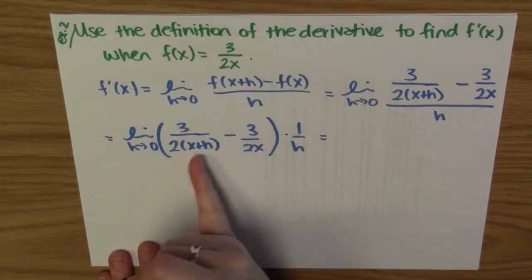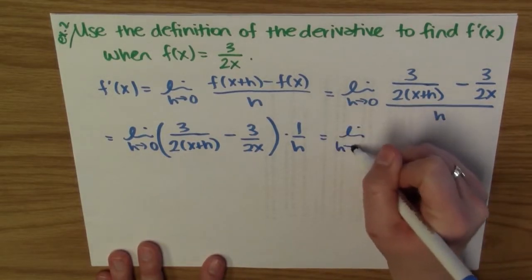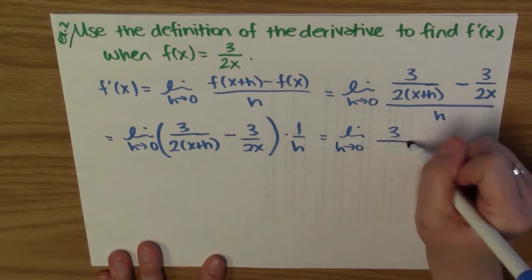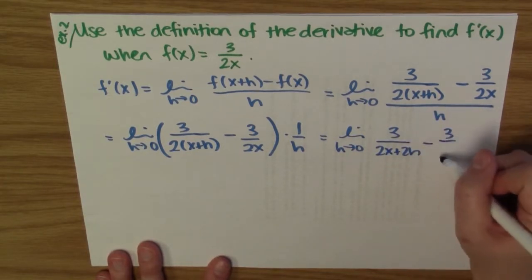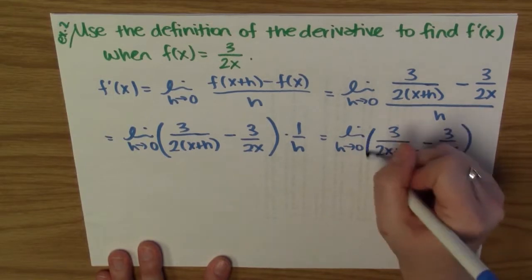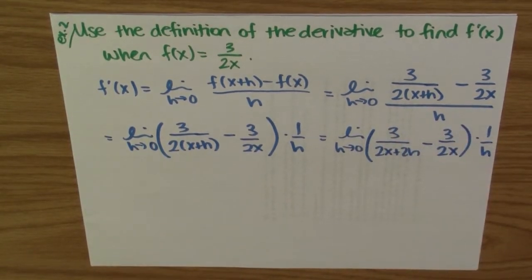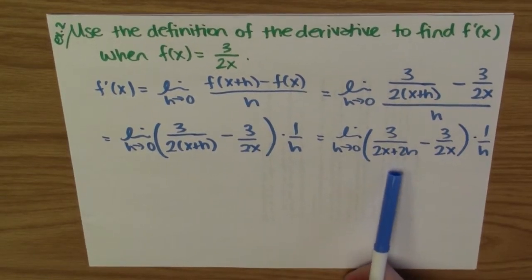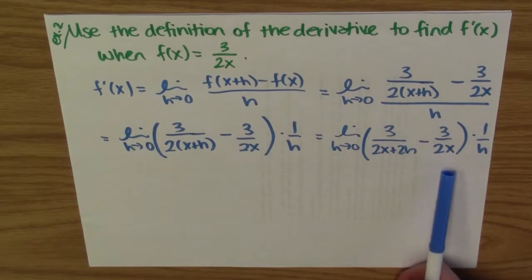All right, let's simplify this by distributing the 2. I have the limit as h approaches 0 of 3 over 2x plus 2h minus 3 over 2x, and everything here is being multiplied by 1 over h. All right, next, I have two fractions here, 3 over 2x plus 2h and 3 over 2x.